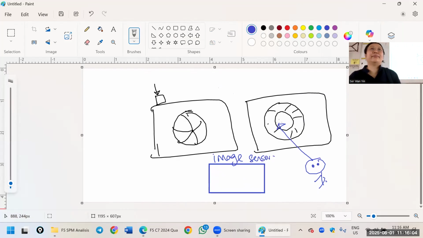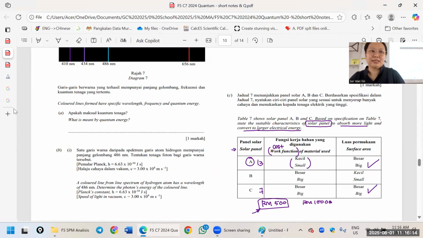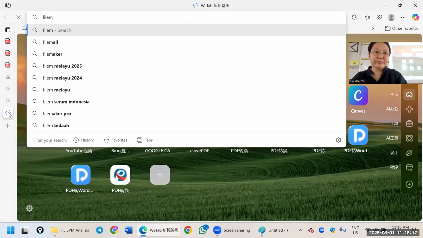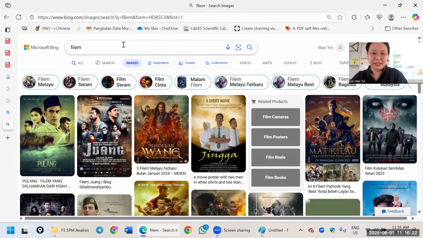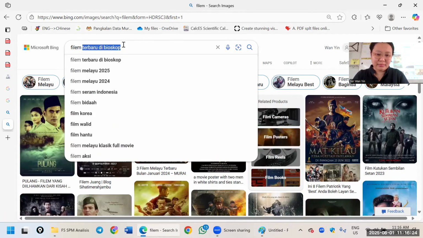By the way, last time this image sensor was made by a film. Did you see the film before? Film camera.